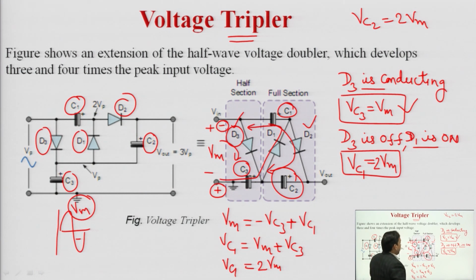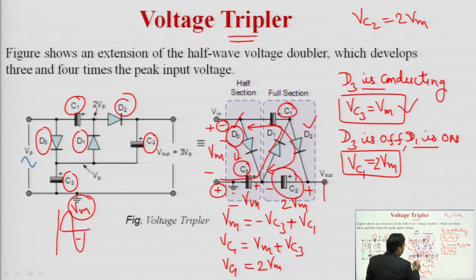If we calculate the output at this particular terminal, this was Vm, this one was 2 times Vm, positive this side, negative this side, similarly positive and negative.